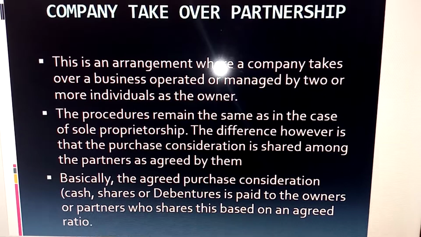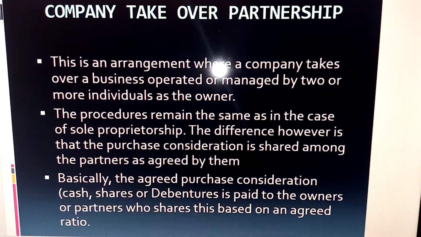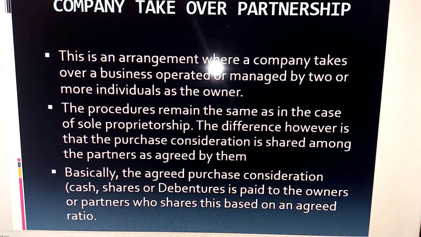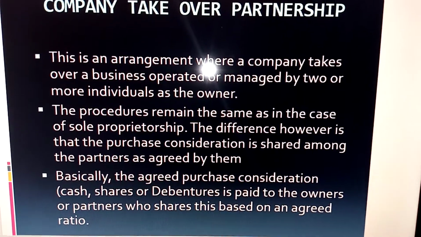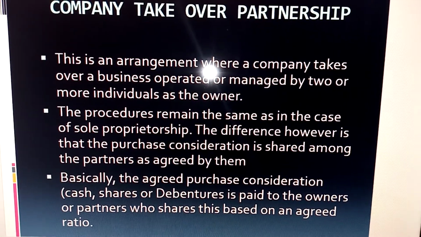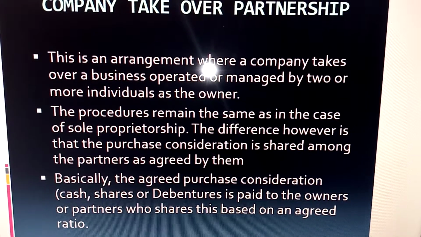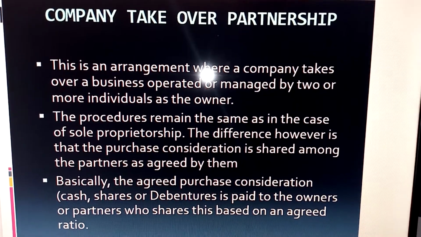There has to be a purchase consideration. But the only difference is that whatever you're paying the partnership is shared among the partners in an agreed ratio. So that's an agreement between the partners. But the procedure of taking over a partnership business is technically the same as the procedure of taking over one-man business.